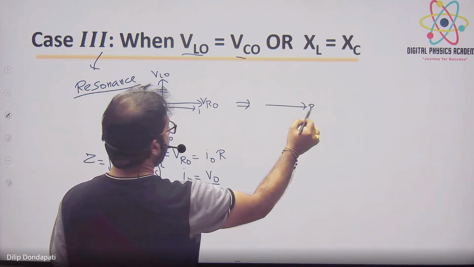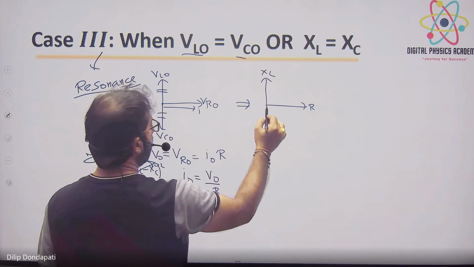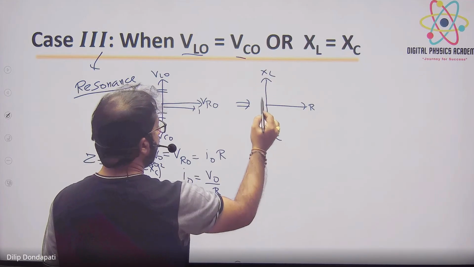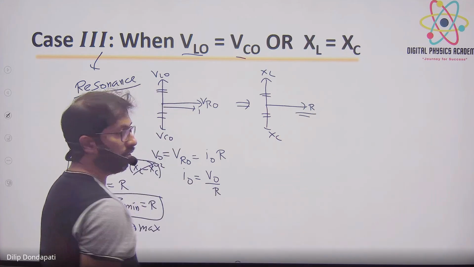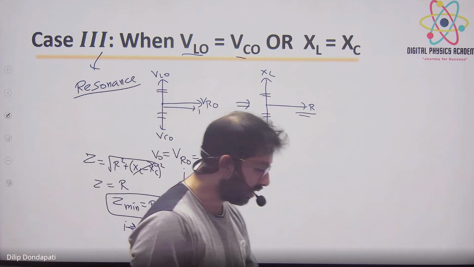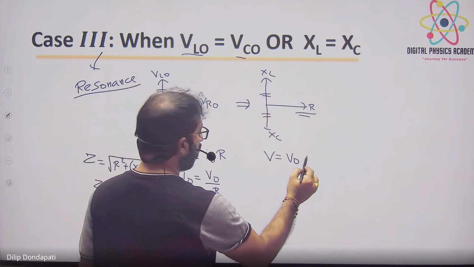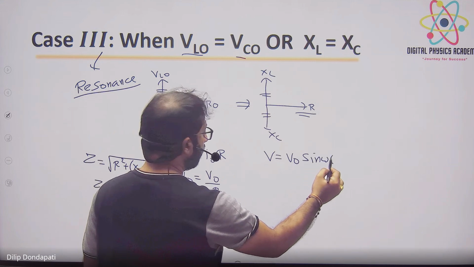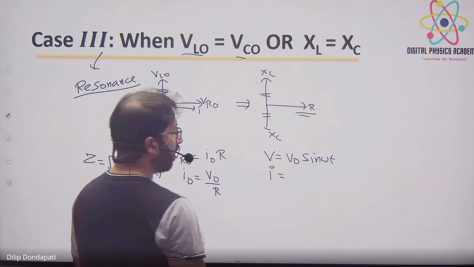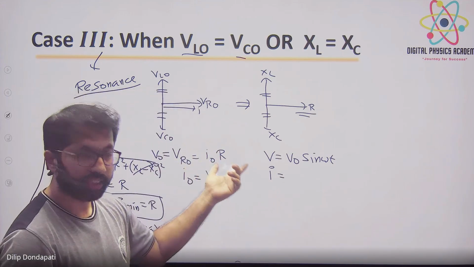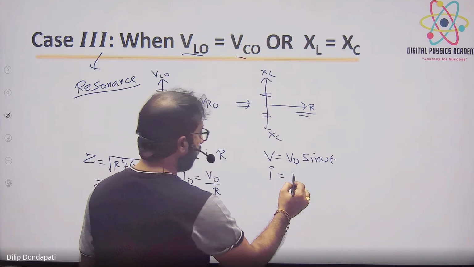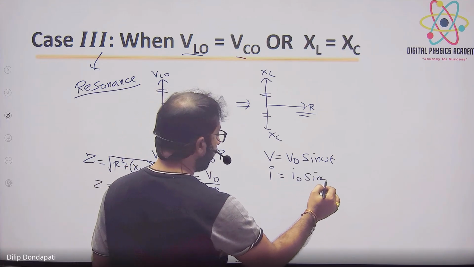R, XL, XC. So दोनों की equal है. It is acting like a resistance circuit. Okay, it's the impedance triangle. Now इसका बोलो कितना आएगा? If V is equal to V naught sin omega t given, since it is acting like a purely resistance circuit, the current will be I naught sin omega t only.